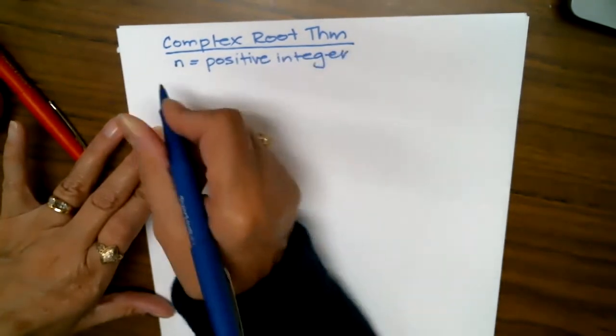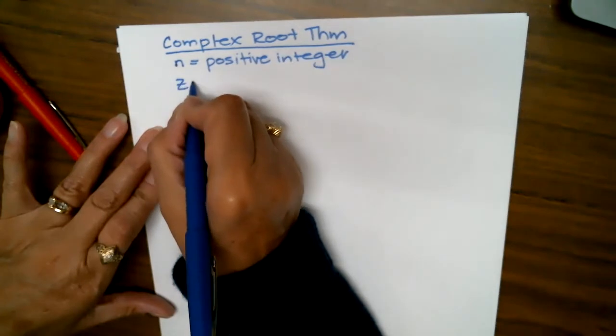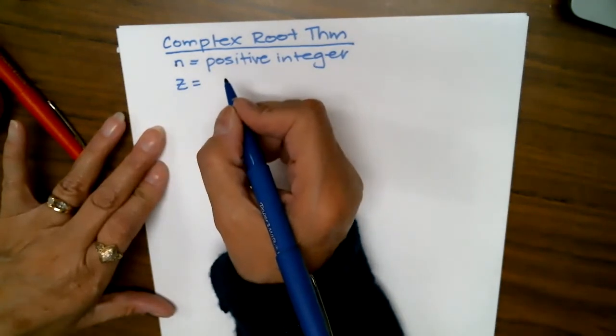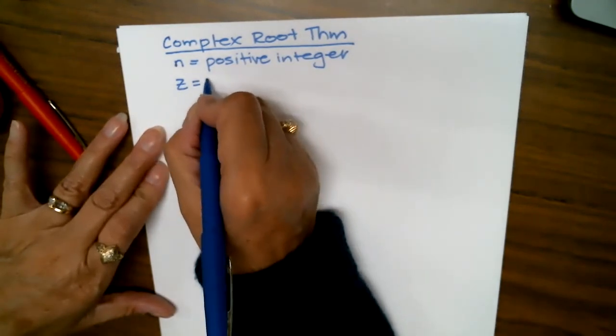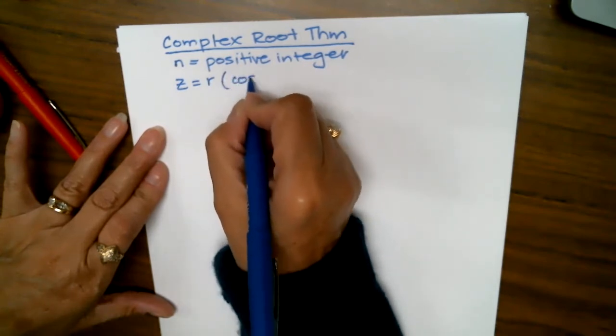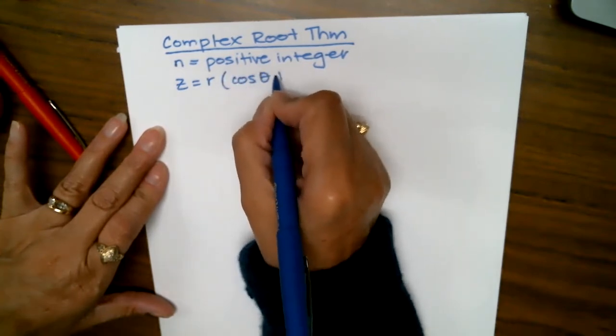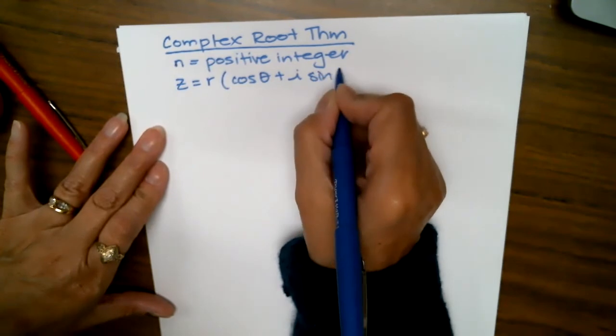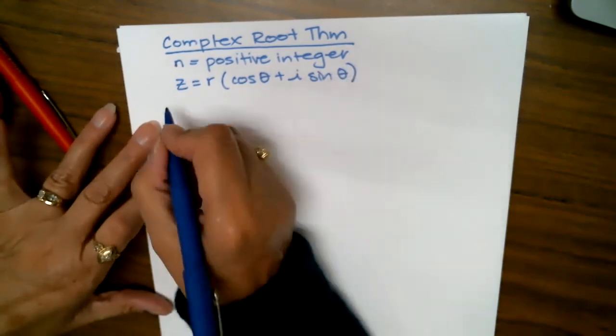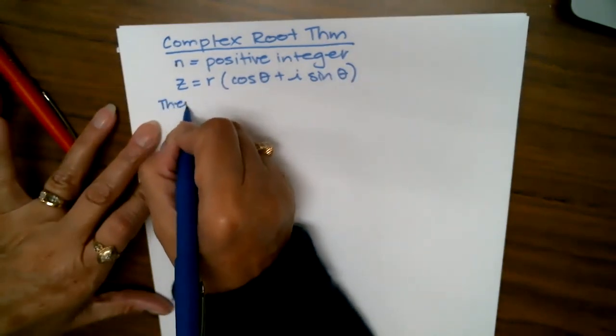Z is going to be our complex number in trig form. It's going to be r times cosine of theta plus i sine theta. That's our complex number.